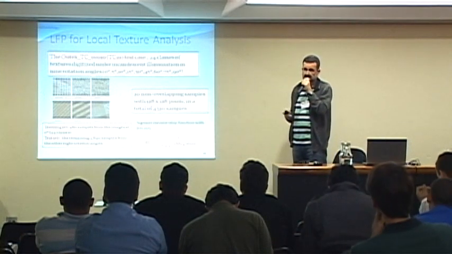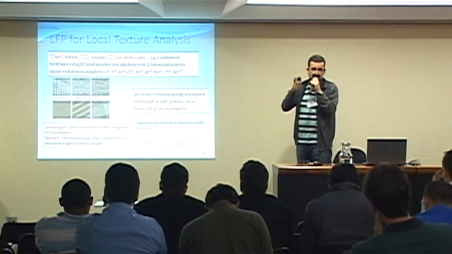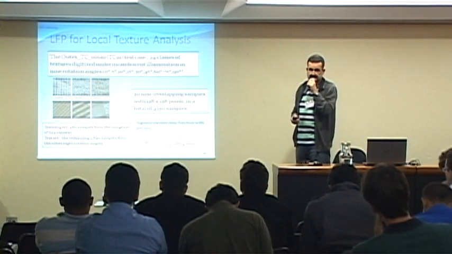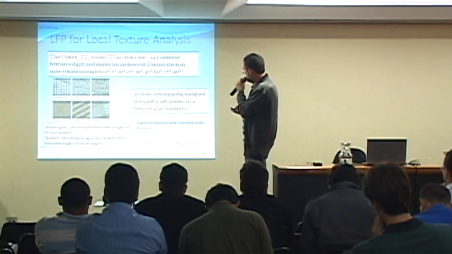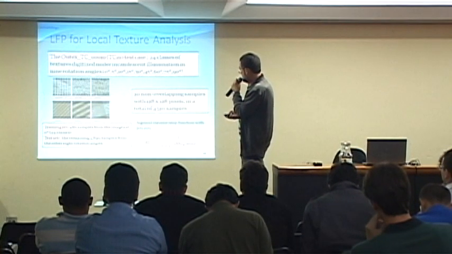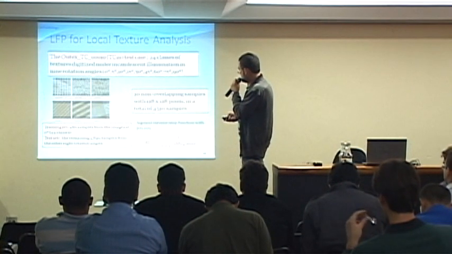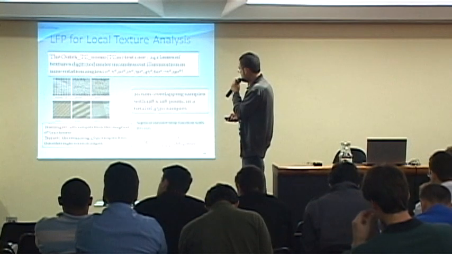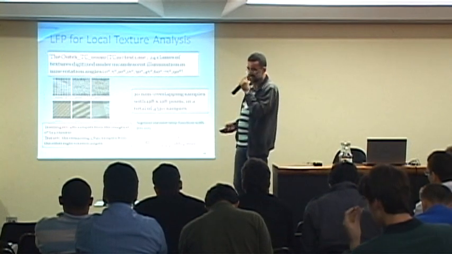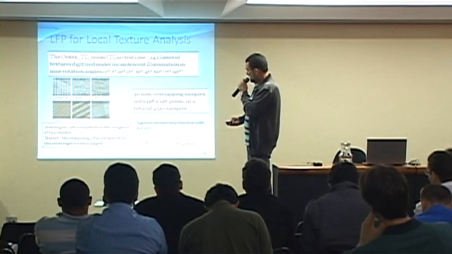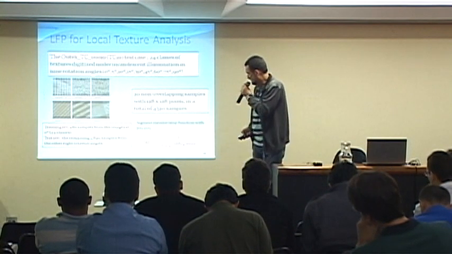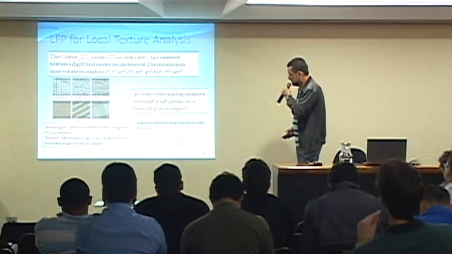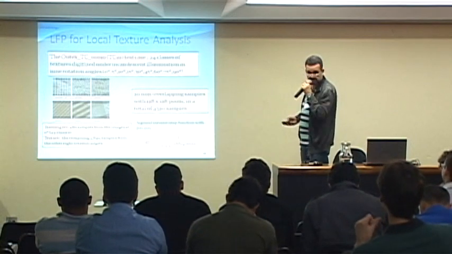The Brodatz album doesn't have rotated textures. Taking the training set, the 48 samples from the image at 0 degrees, and the test set, the remaining 3,840 samples from the other 8 rotation angles.